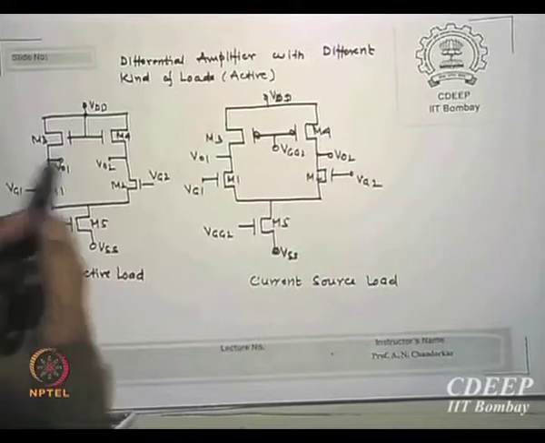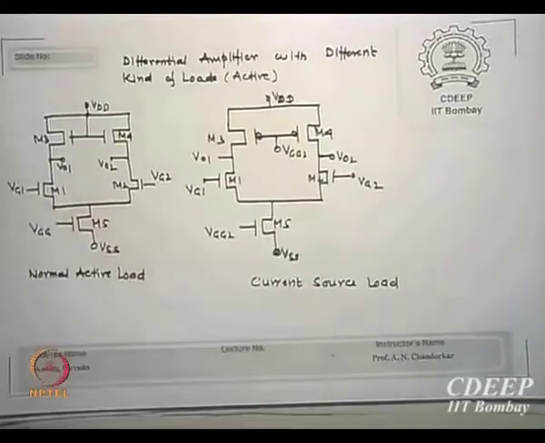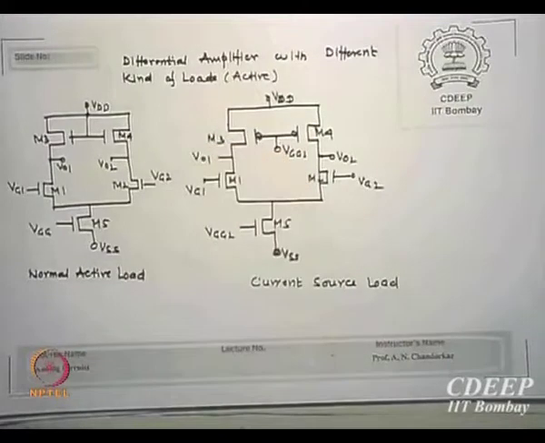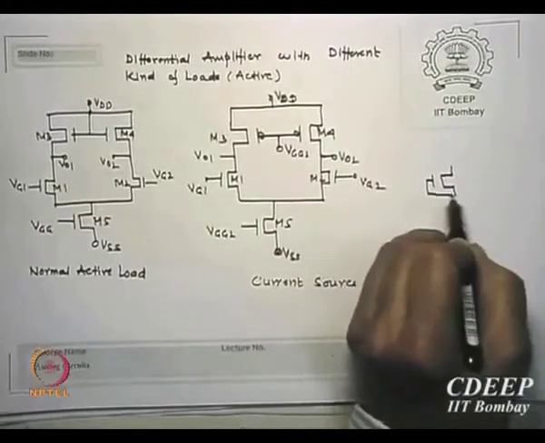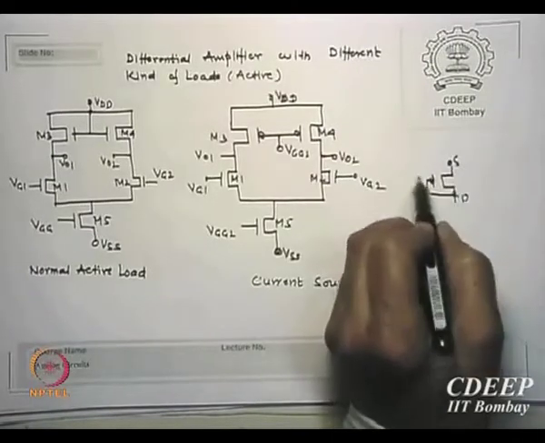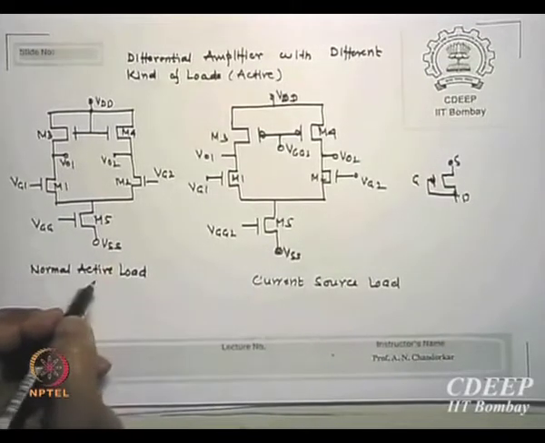Is that correct? ऐसा अलग अलग आपको उसको बोलते हैं diode connect. No, diode connection can be called, but this is essentially a diode connection. This is drain, this is source, this is gate for a P channel. Okay, this is called normal active loads.